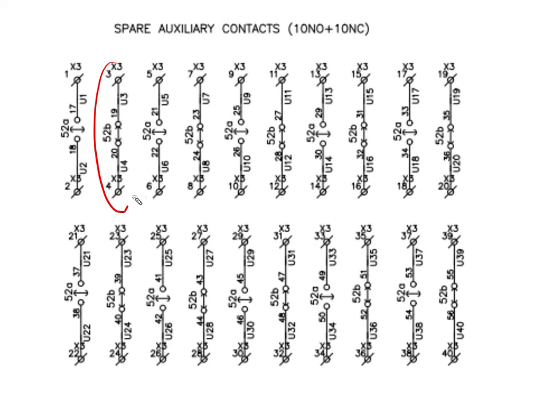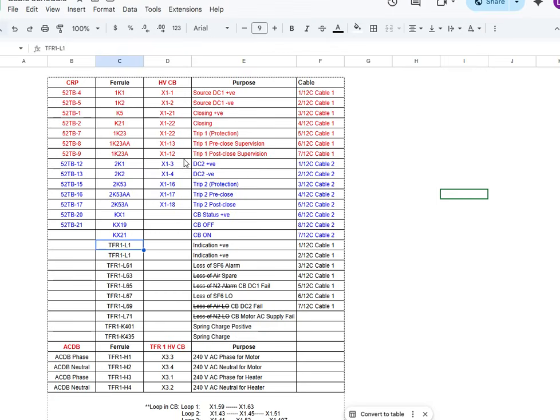We'll use one contact, close contact, for the breaker off position. So it's 52 TB. Okay, it's x3-3, and the other end is x3-4. These 2 points will be using for breaker off status.